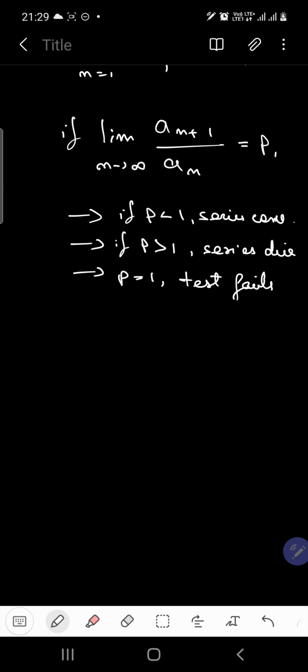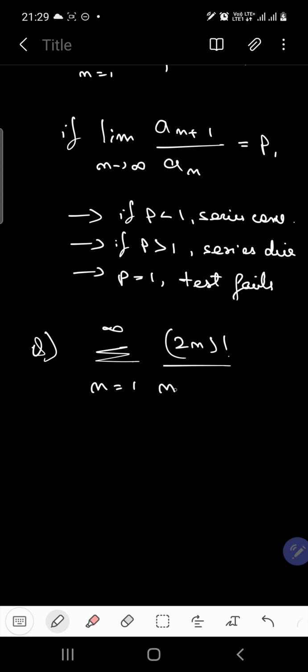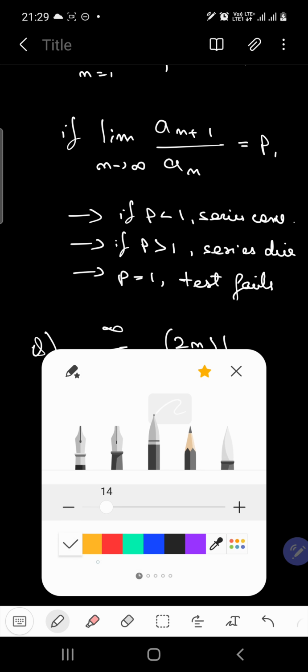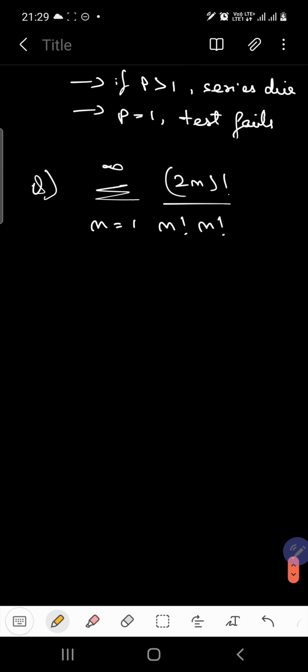For example, let's take a question, say summation n equals 1 to infinity of (2n)! over n! times n!. Let's check.